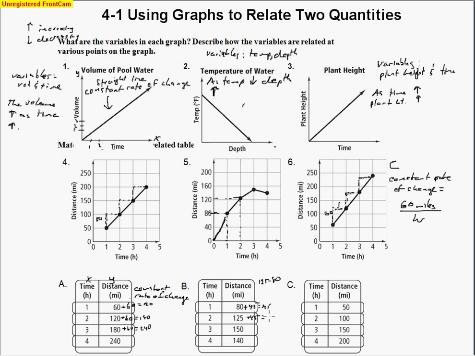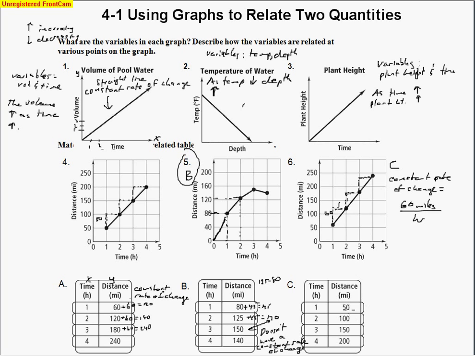It gives me 170, and these two numbers are not the same. So this doesn't have a constant rate of change. And so it's definitely not a line, and this shows that it's not a line either. So I would say 5 and B go together, where 6 and C.